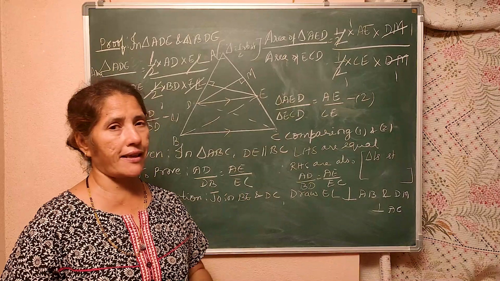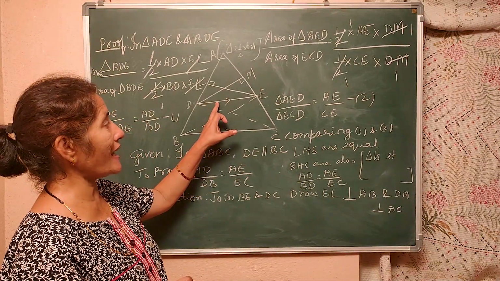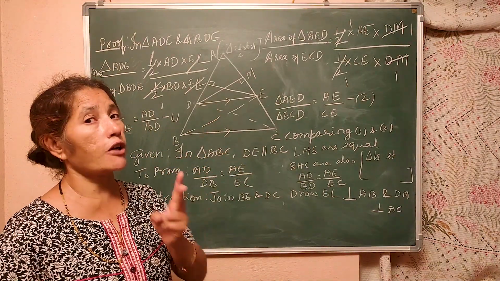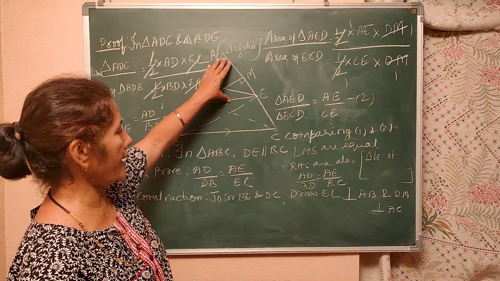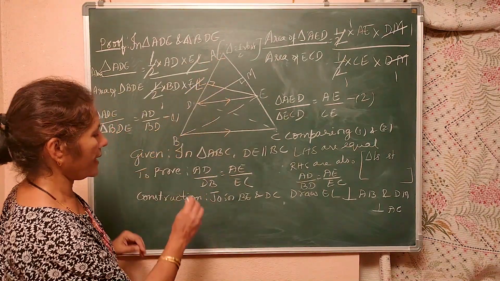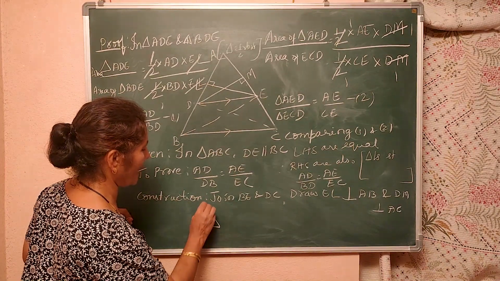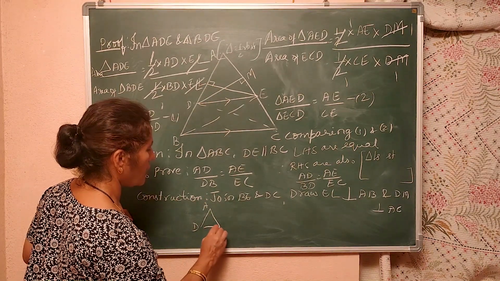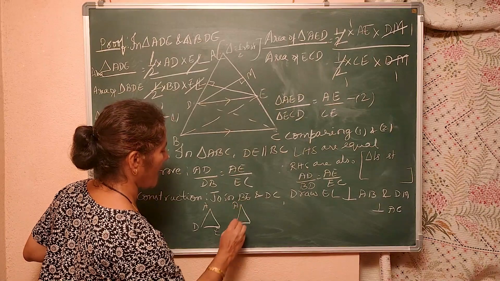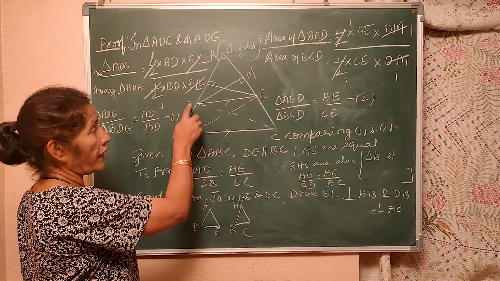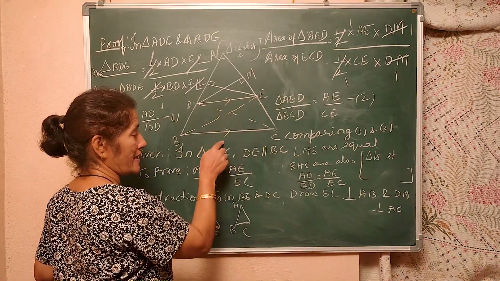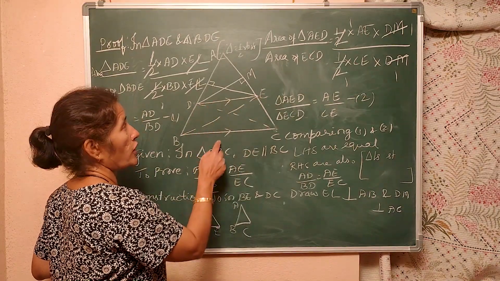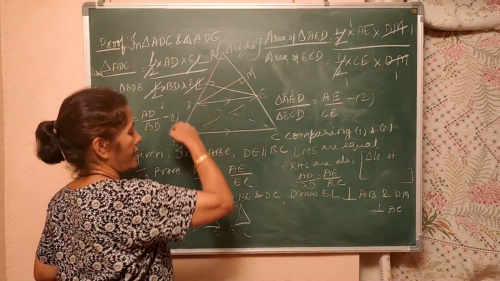Here the theorem says AD by DB is equal to AE by EC. But corollary says, when I draw this line parallel to this, it forms two triangles. What are those two triangles? Triangle ADE and triangle ABC. If I draw a parallel side DE to BC, it forms two triangles, ADE and ABC.